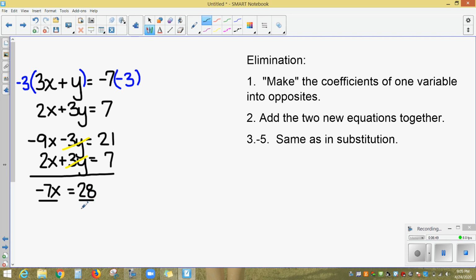When I divide now to get the x by itself, I have one step to my x. Once I know what x is, I can plug it into either original equation and solve for y. And then I can write my final answer as an ordered pair.